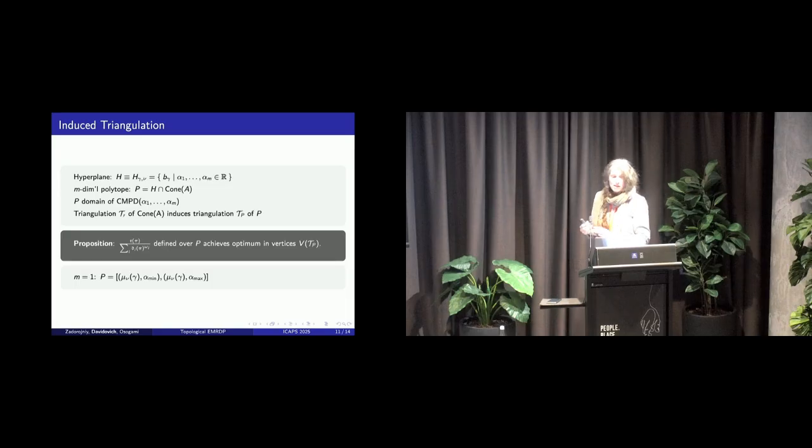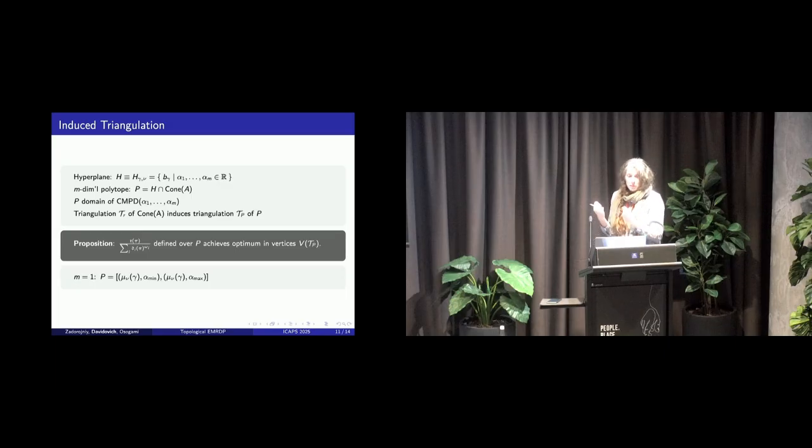Now, when we take this conic triangulation and we slice it with the m-dimensional alpha plane, we constrain our problem. Topologically, what we get on that alpha plane is a convex m-dimensional polytope P with a triangulation of its own that replaces simplicial cones with their hyperplane intersections.